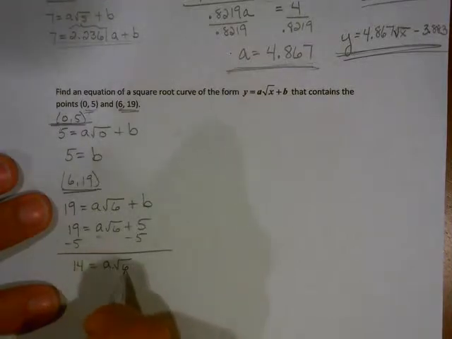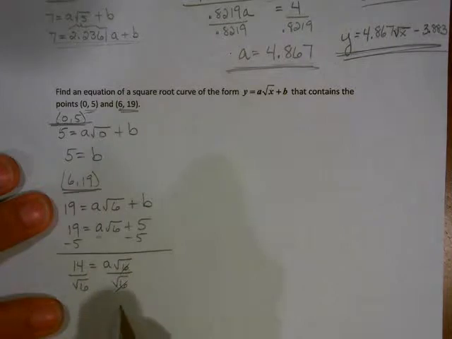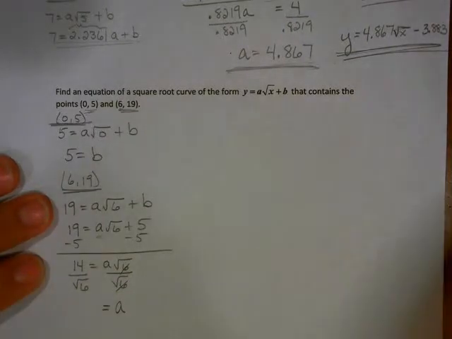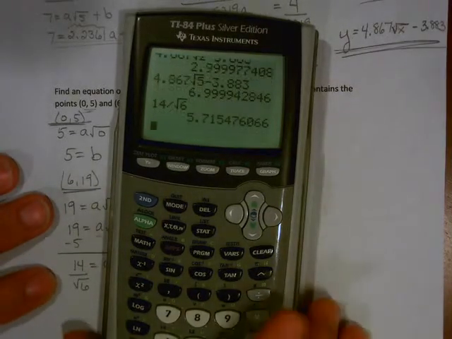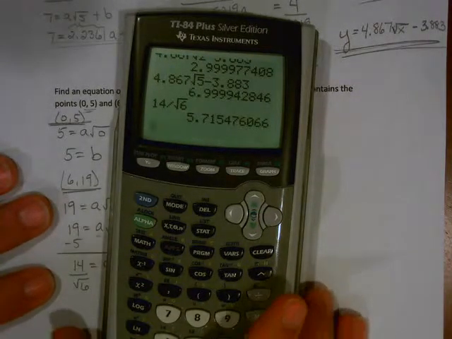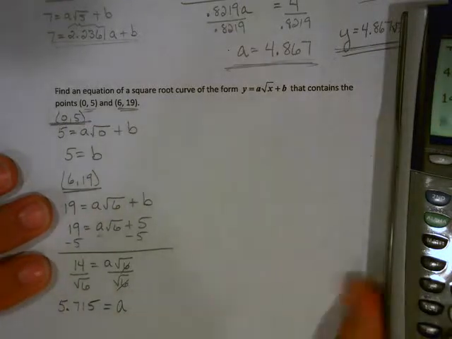This is a times the square root of 6, so we can divide by the square root of 6 on both sides. And we get a equals 14 divided by the square root of 6, which is 5.715.